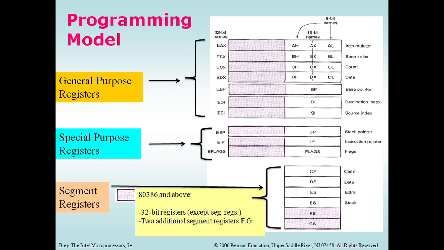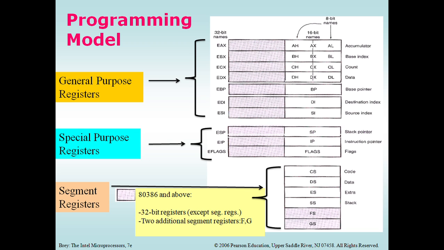Furthermore, even if the accumulator is accessed as an 8-bit register, its rightmost byte, which is the low byte of the accumulator, can be accessed using the name AL. So AL is normally used.